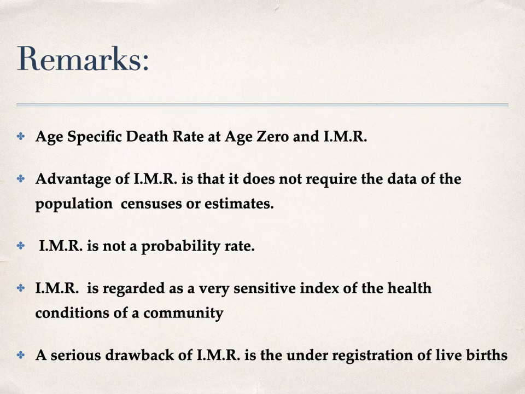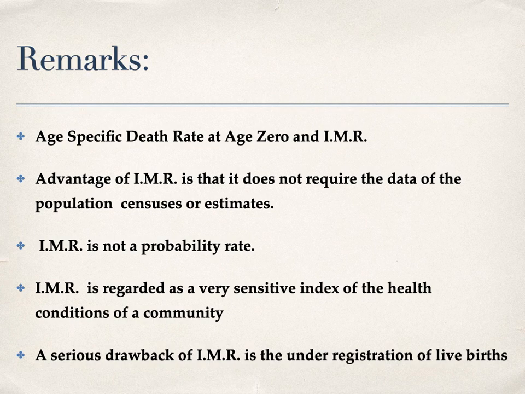Also, in the denominator we have the total number of infants who are alive at that time. So, in that case, it is a probability rate. That is, we have the total number of live births in that year, and in the numerator we have all the number of deaths of the age group 0 to 1.